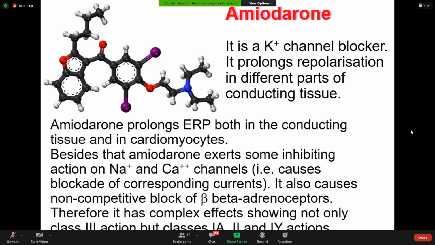So it also causes non-competitive block of beta adrenoceptors.